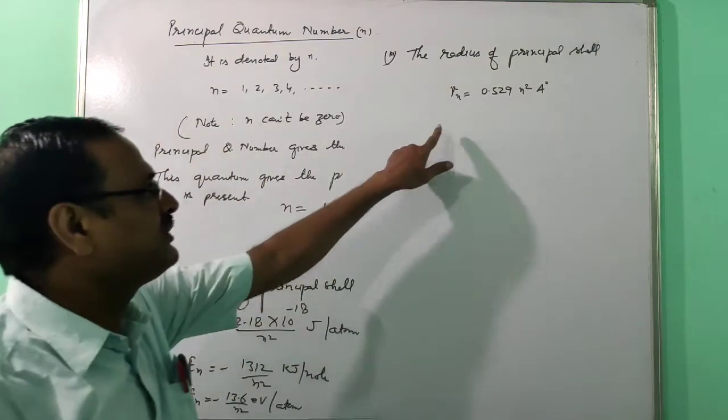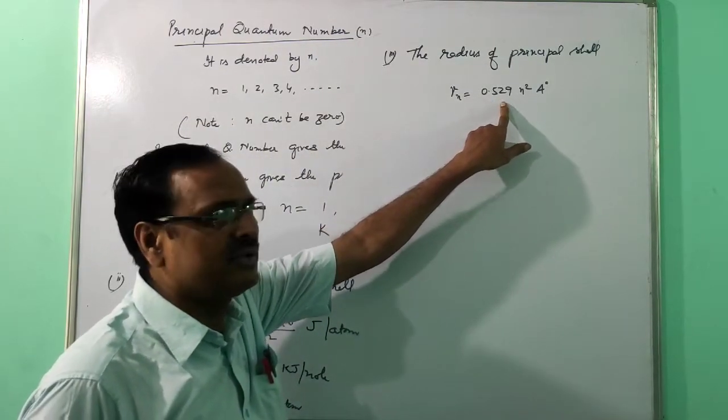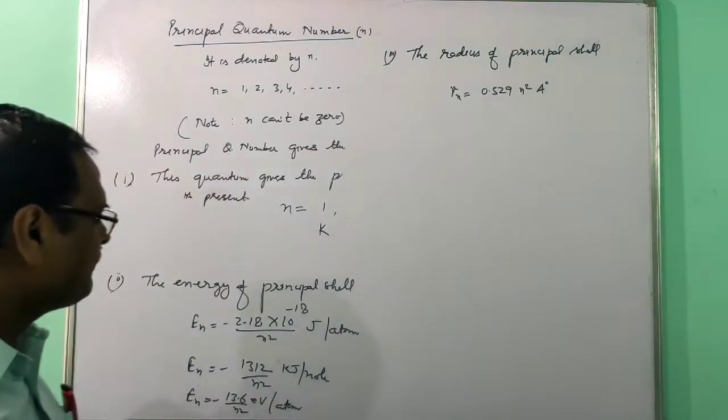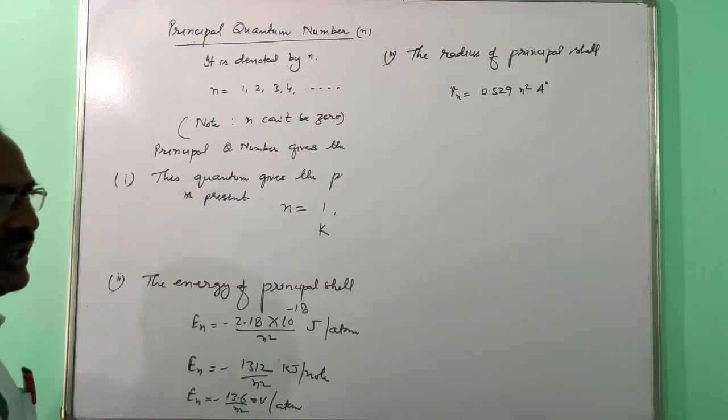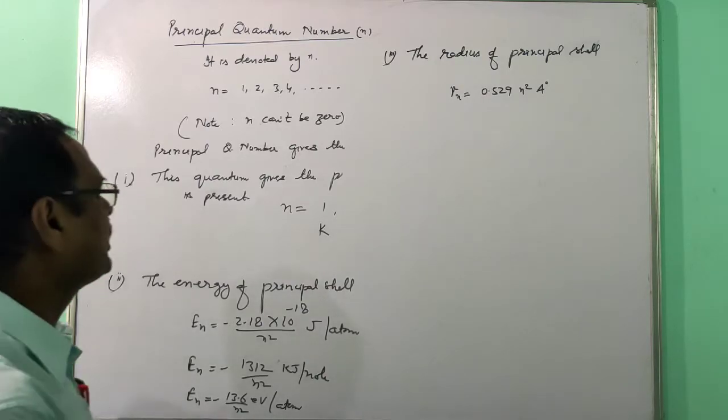This is for hydrogen atoms. For hydrogen-like atoms, it is divided by Z. That you have already studied in the Bohr's atomic model.